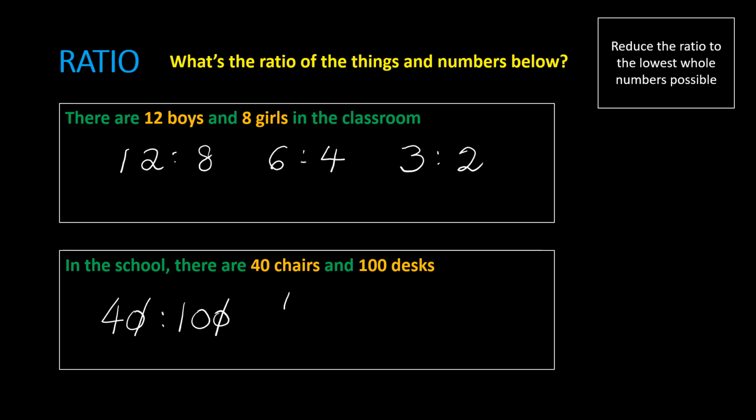And now we have 4 to 10. Now we know we can reduce this even further if you divide it by 2. If you divide by 2 on both sides, you get 2 to 5. And so that's the answer.